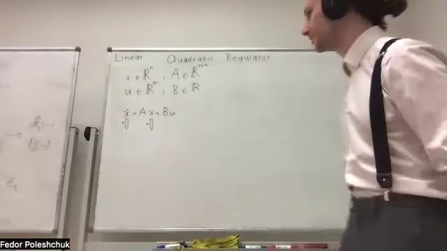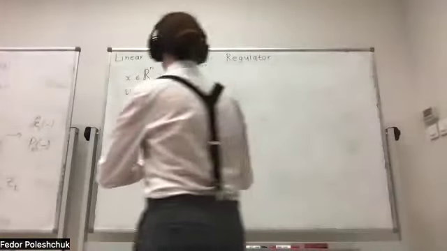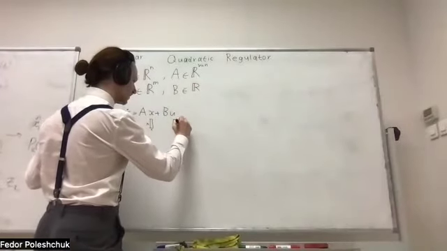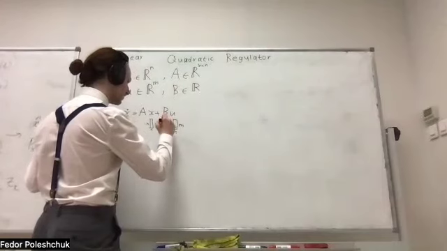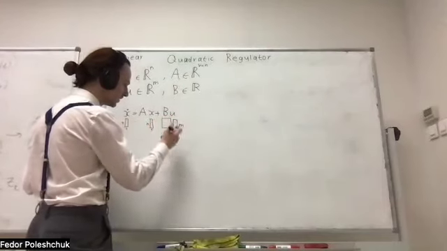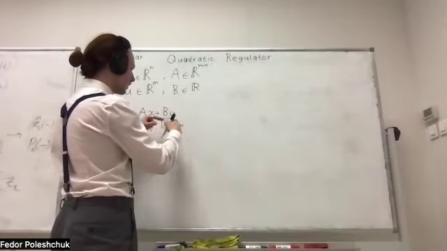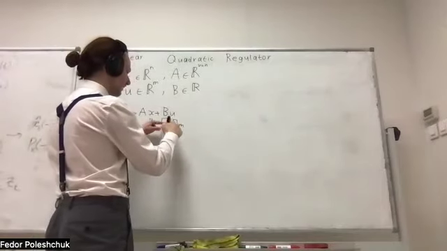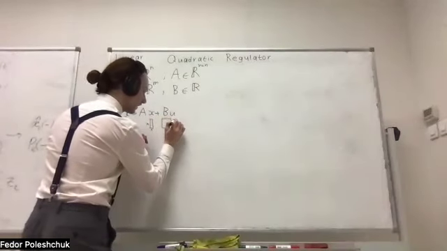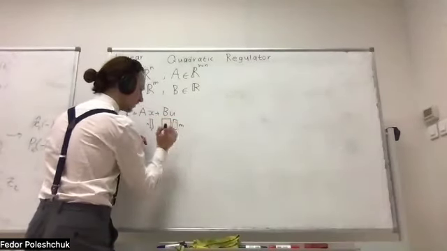Not really, because let's see. So the vector u has the dimensionality of m times 1, and this matrix B, well, we don't know yet, but first we'll have to be able to multiply this matrix by this vector. So here, the dimension should be the same as here, right?